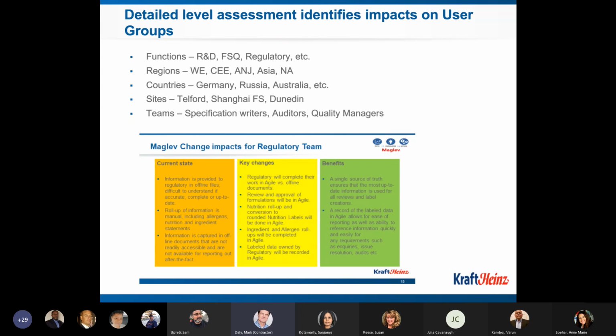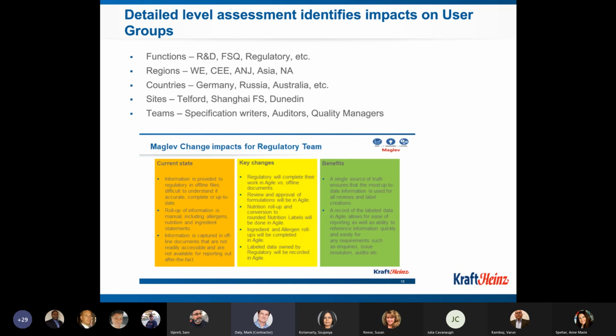So here, this is showing you can look at the impact of a particular change or sub change on the functions. So that one thing will impact the function slightly differently. Also in the regions, usually they have their own little way of working. So it's easy to change to this new way or new system or whatever it is for some, and for others, it's a really big thing.